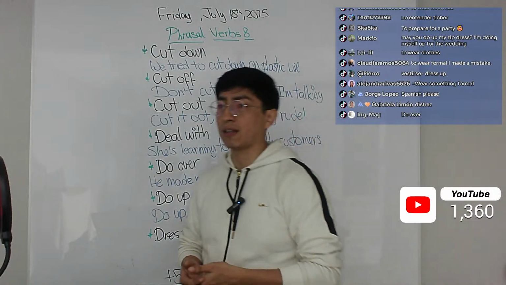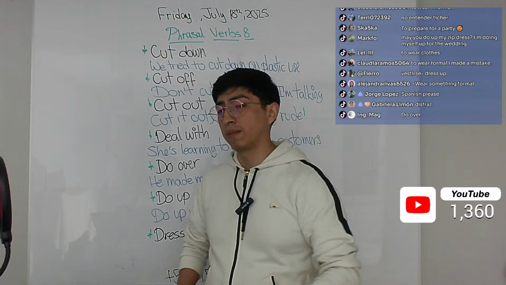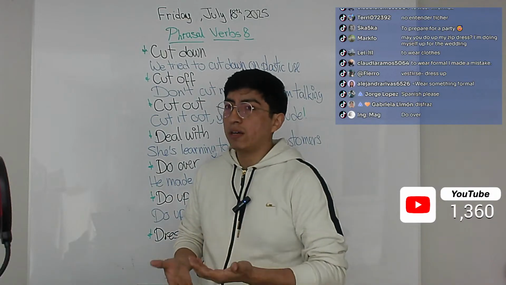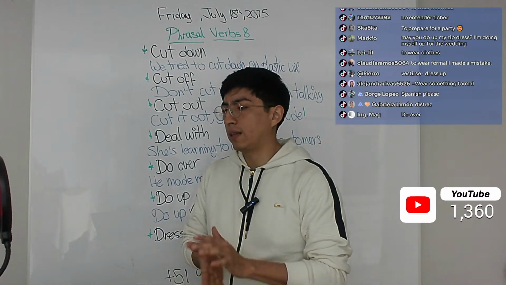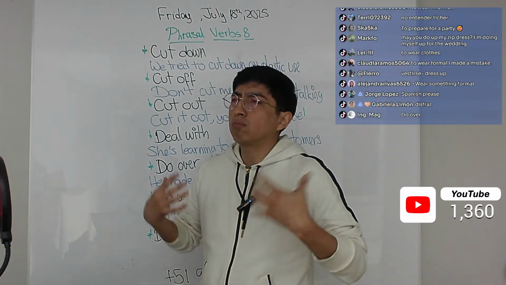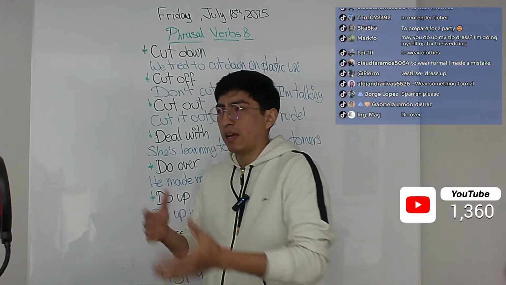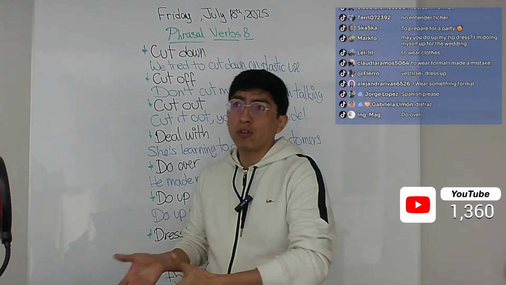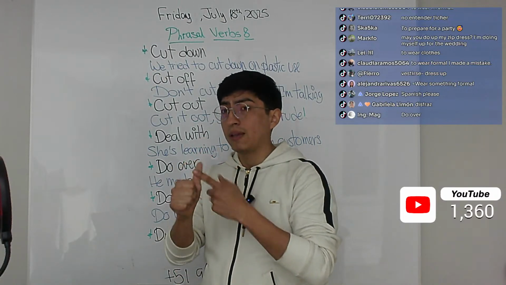Or maybe you can say, hey, please, we're very late, dress up quickly. Dress up means to wear elegant clothes, or clothes for a specific or important event. That would be, in this case, to dress up.